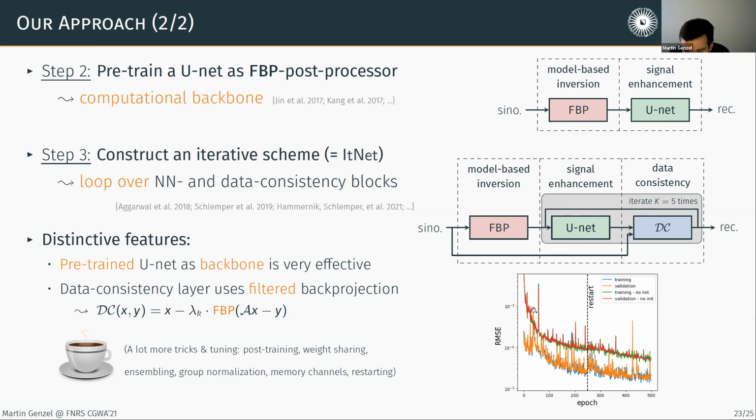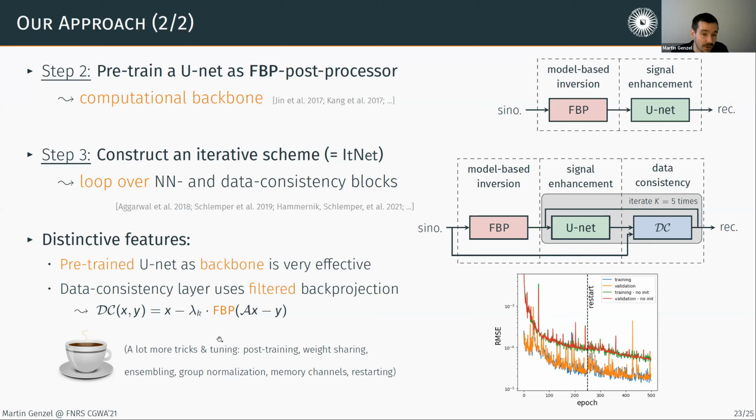The red and green curves correspond to the loss with random initialization, and the orange and blue ones correspond to our approach with the warm start. You can clearly see a huge jump in accuracy and also in convergence speed in the end. That was the purpose of this pre-training step. In the end, we really had this iterative network, which of course also makes use of the forward model.